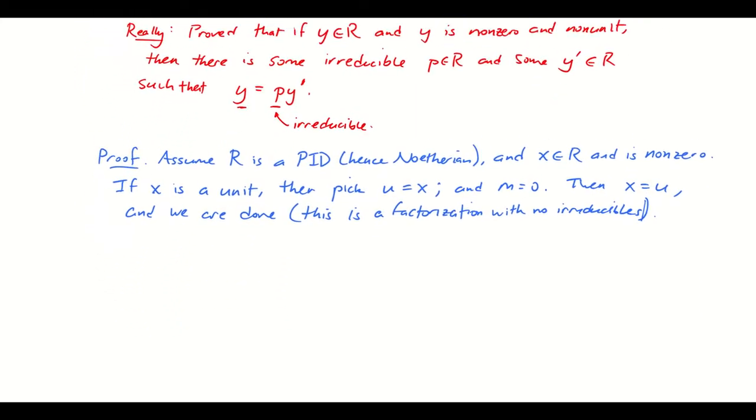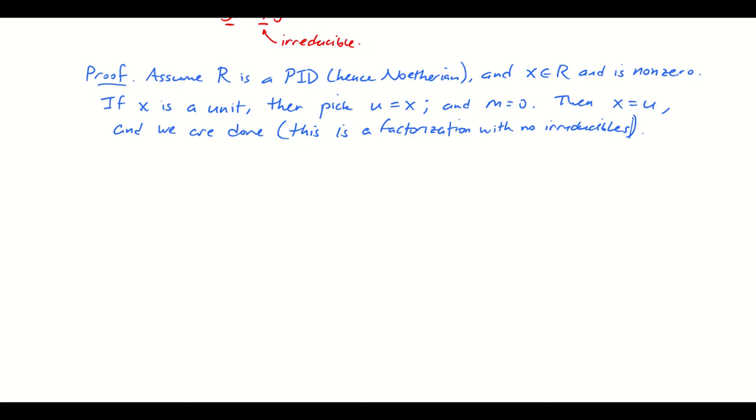So what about the other case? If x is a non-unit, well, here's the game plan. We're going to start with x, and again we'll call that x naught. That's our starting point. This time, because I've proven that every non-zero non-unit has an irreducible factor, I can peel one off.